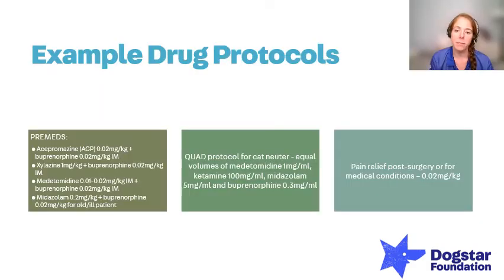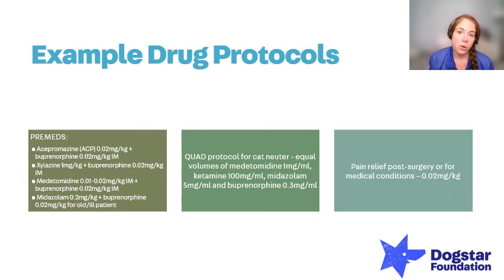I'll finish here with a couple of example drug protocols and doses that can be used. So for pre-medication for surgery, buprenorphine can be combined with many different medications. At the DogStar Field Clinic, we can combine xylazine or medetomidine, so alpha-2 agonists, with buprenorphine as an IM injection about 15 minutes before inducing anesthesia with either ketamine or propofol.